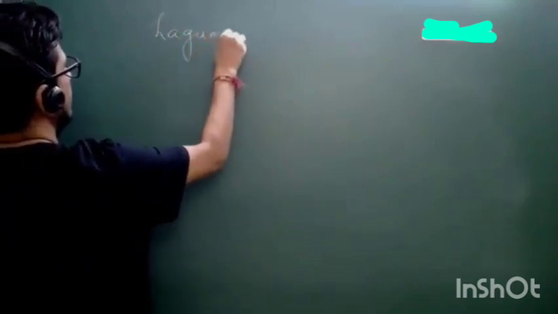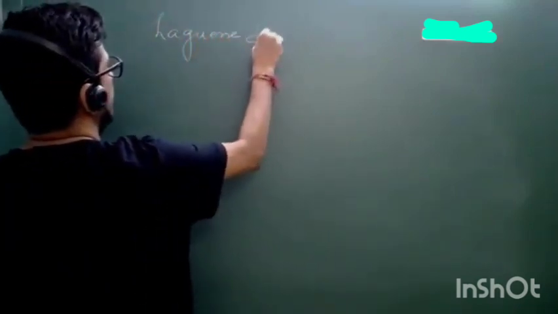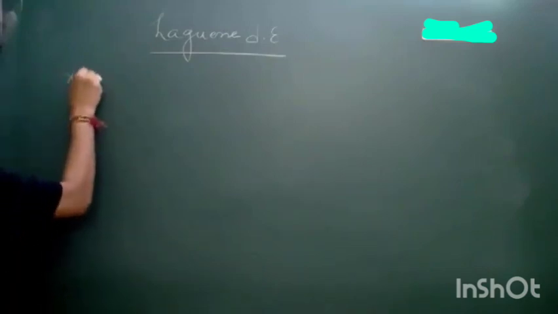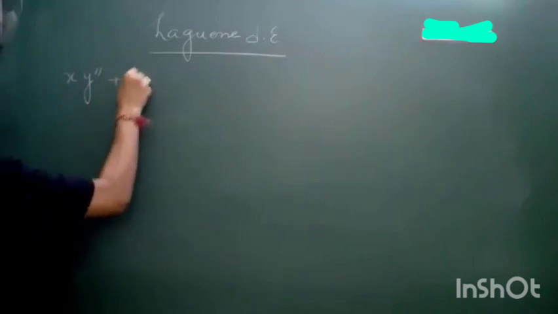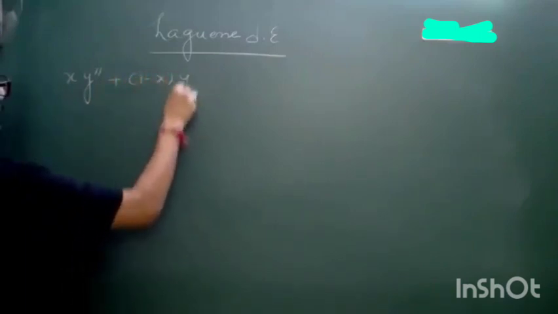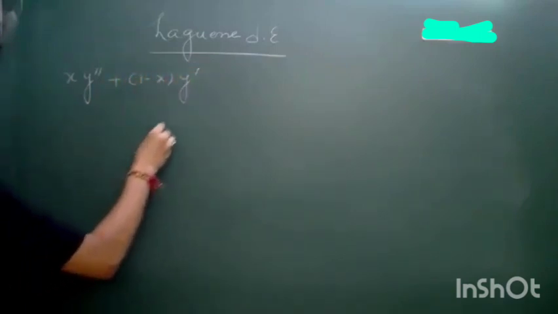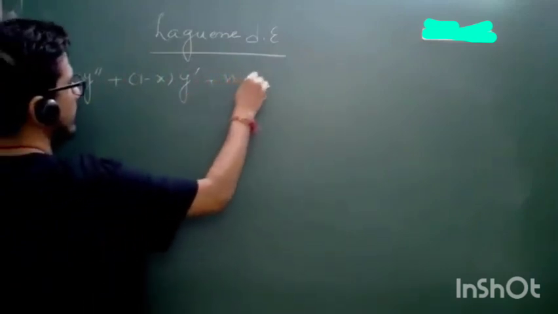So the first step is to write the equation x y double dash plus (1 minus x) y dash plus n y is equal to 0. This is the Laguerre differential equation.